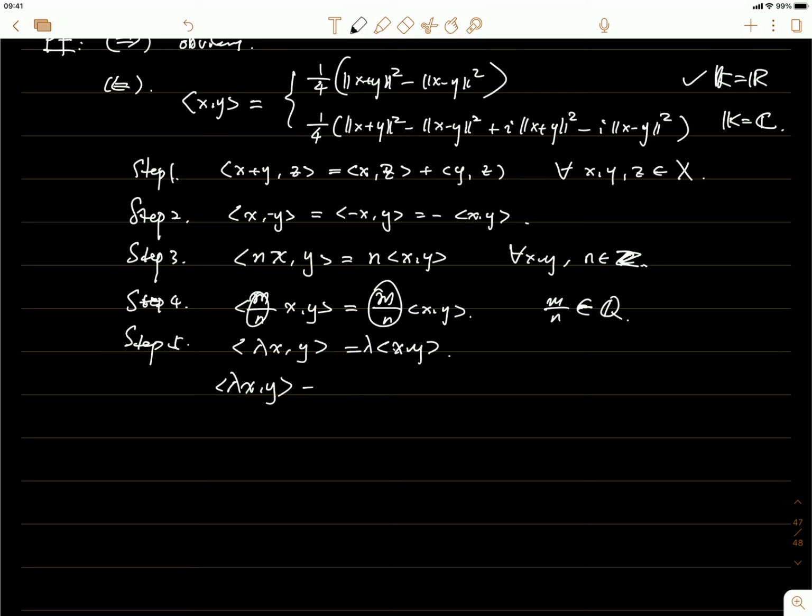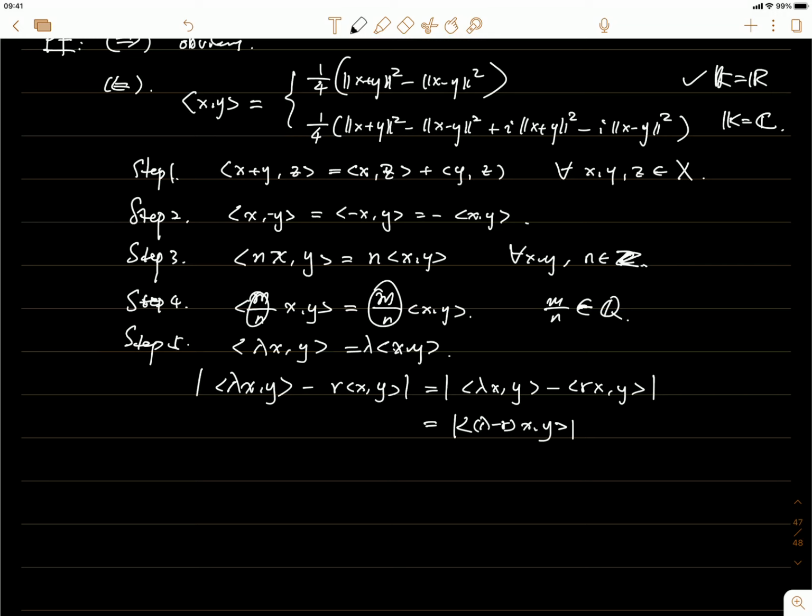So we take the difference between this and r times the inner product of x and y. I know that I can put the r inside as we proved in step 4. And then according to the first step, we know this is just equal to lambda minus r, x, y.